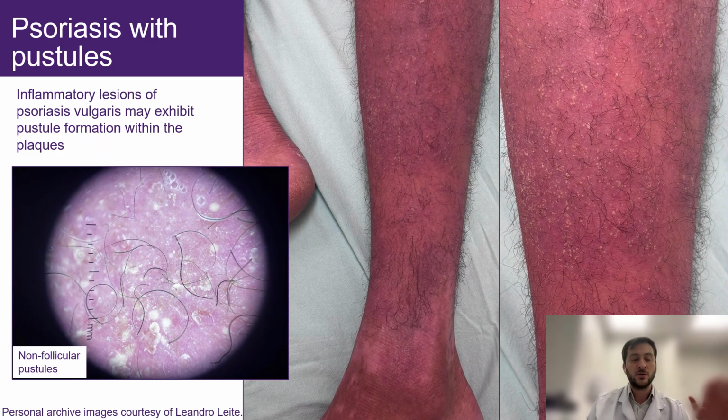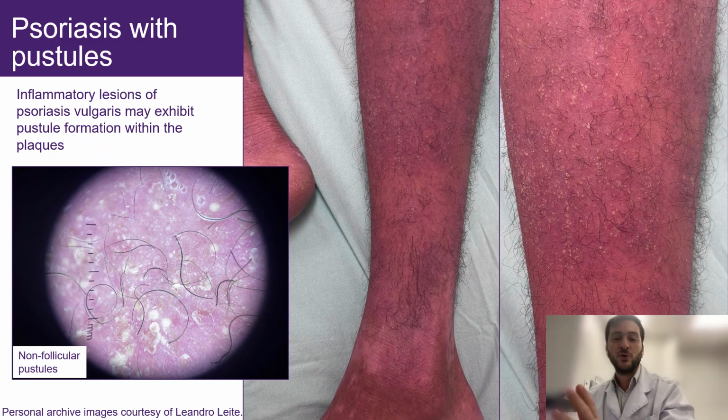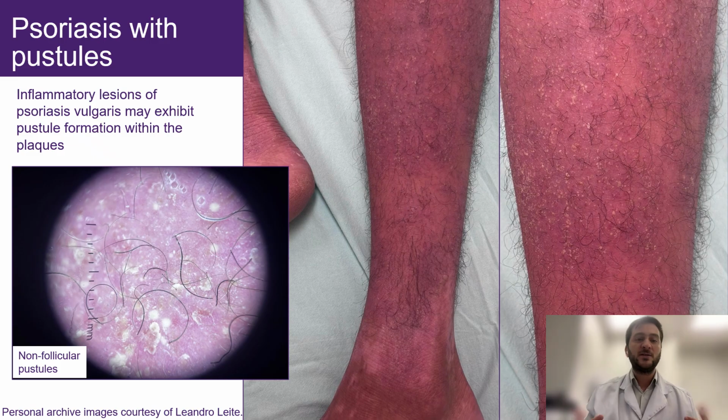You can call it psoriasis with pustules. So psoriasis with pustules is different from generalized pustular psoriasis, and that's a plaque psoriasis with intense inflammation.